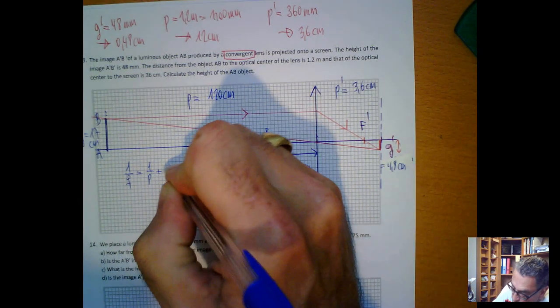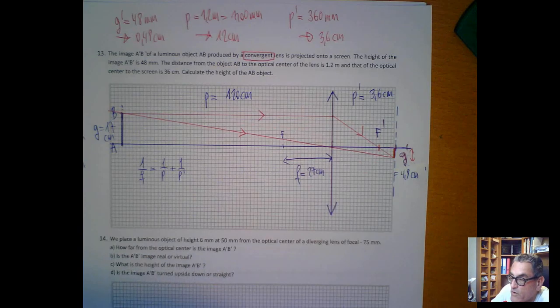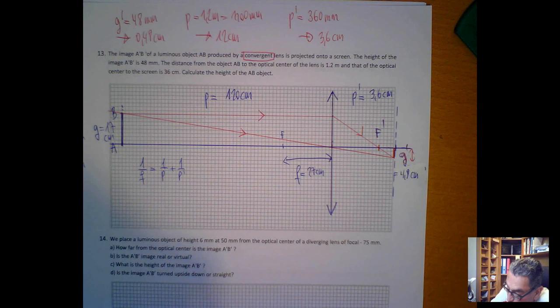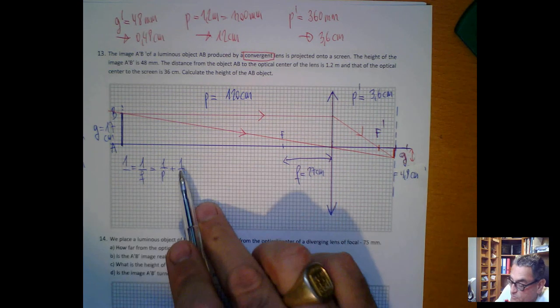Do we have 1 over f equal to 1 over p plus 1 over p prime? How do we know that? Well, we just compute. Okay, here just use the same unit everywhere.